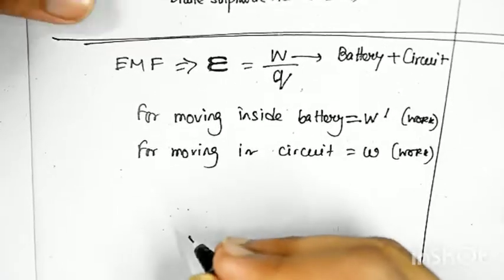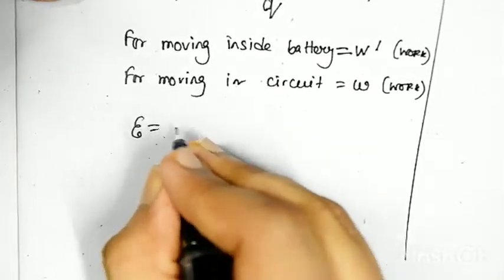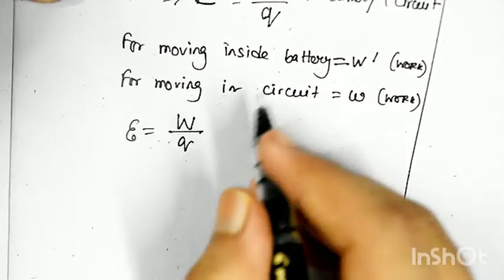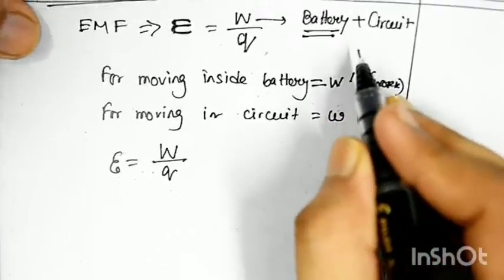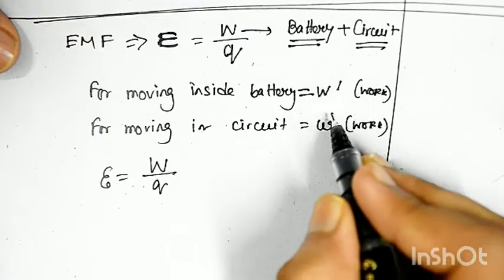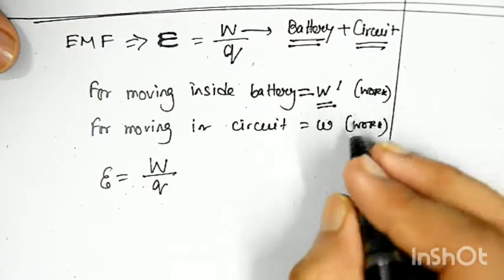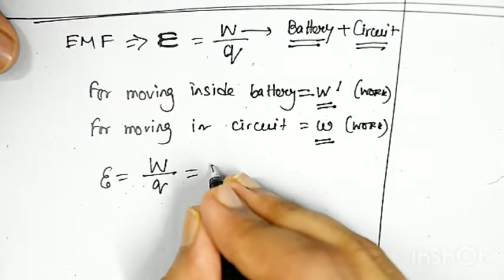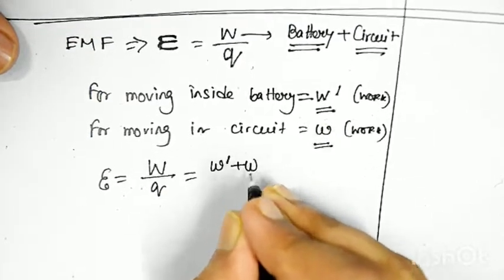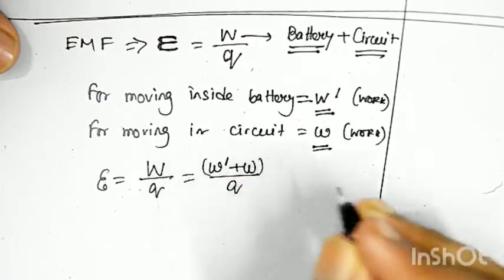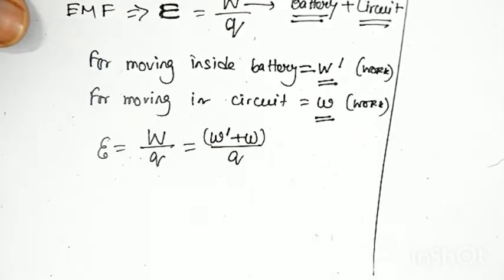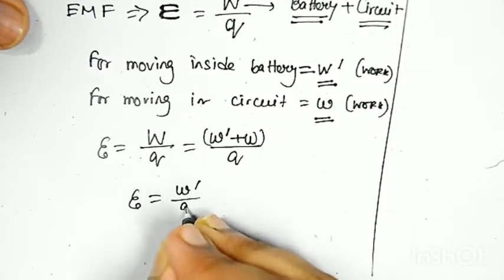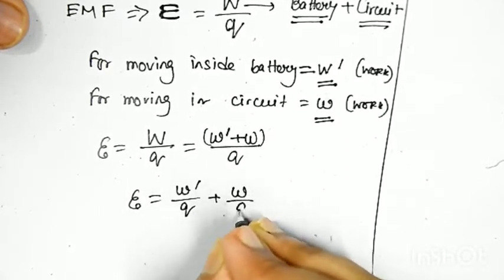Then you can see what EMF is. EMF is equal to capital W by Q. What is capital W? Work done for battery plus work done for circuit. Work done for battery is W dash and work done for circuit is small w. So I can write this W as the sum of W dash plus small w, by Q. Clear? So this is how we get W dash by Q plus small w by Q.